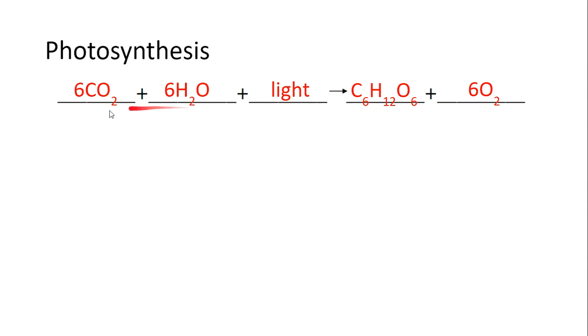Everything to the left of the arrow are the reactants, or what's being put into the plant. Everything to the right of the arrow are the products, or what is being produced in photosynthesis.